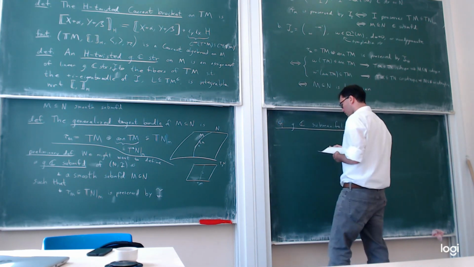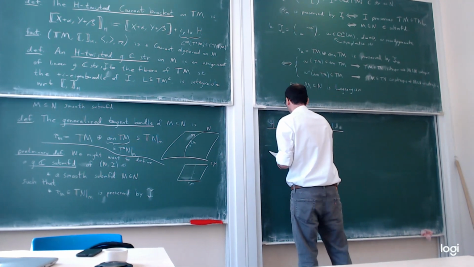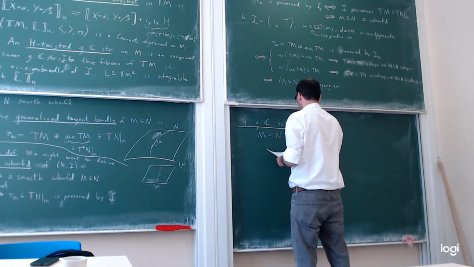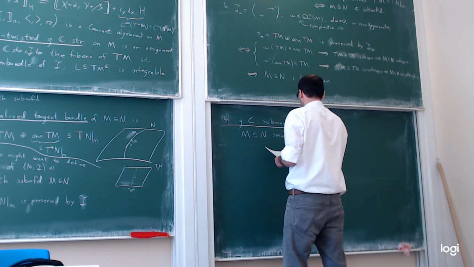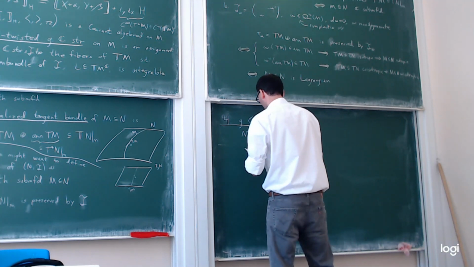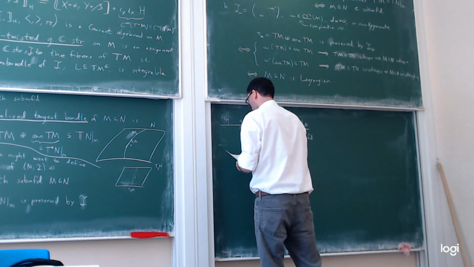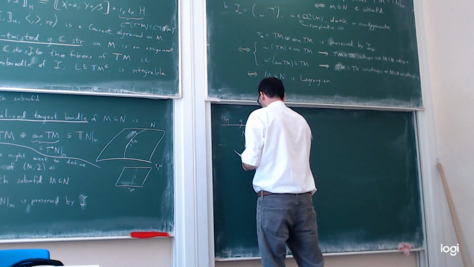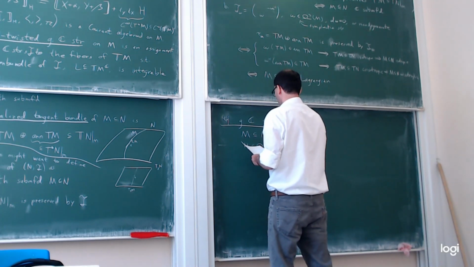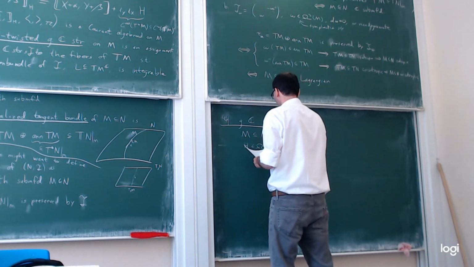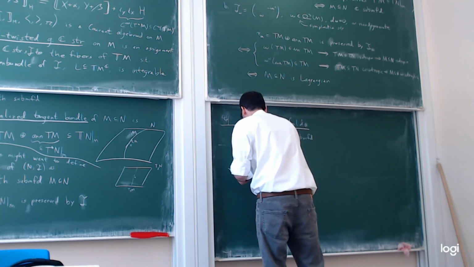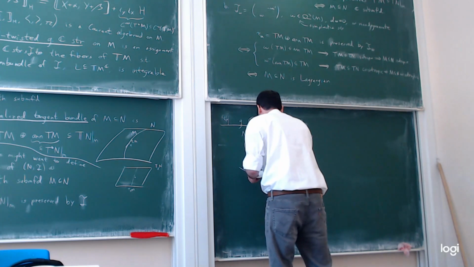We're going to consider the following data: a smooth submanifold M in N, a closed three-form H on N, so dH vanishes, and a two-form F, not necessarily closed, on M.